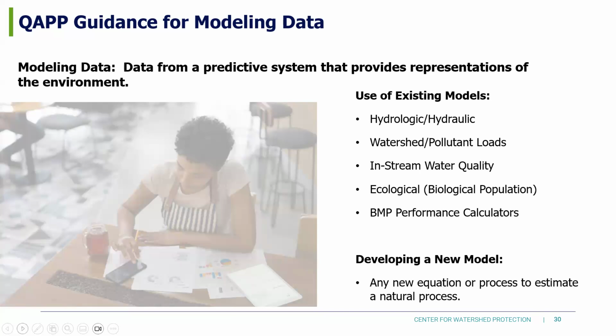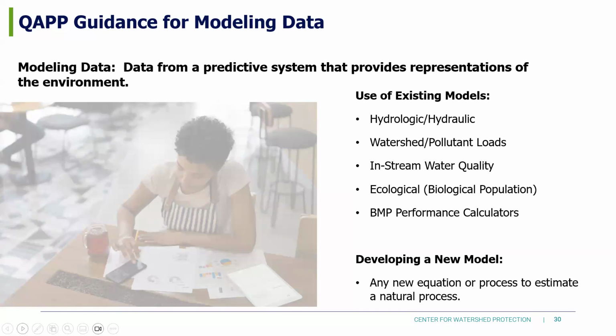They can be very complicated models that look at how different biology performs, or things that happen within the system. And then a lot of times people use these little calculators that say, I did this practice, how much benefit am I going to get?